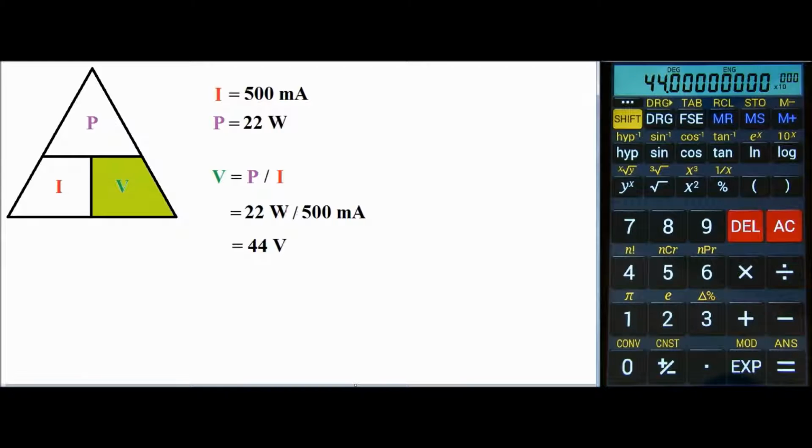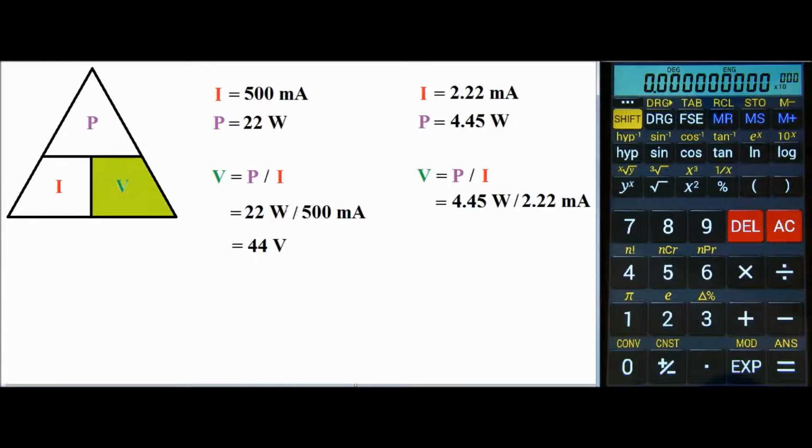Now let's look at another circuit. I have a current of 2.2 milliamps and a power of 4.45 watts. So we cover up V. It tells us that V is equal to P divided by I. Our P is 4.45 watts.